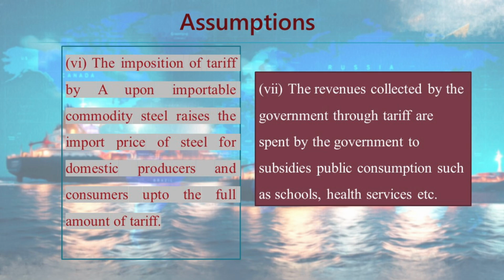The revenues collected by the government through tariffs are spent by the government to subsidize public consumption such as schools, health services, etc. So whatever revenue they earn after imposition of tariff, the government will spend upon public consumption like building schools, hospitals, other health services, construction of roads, etc.